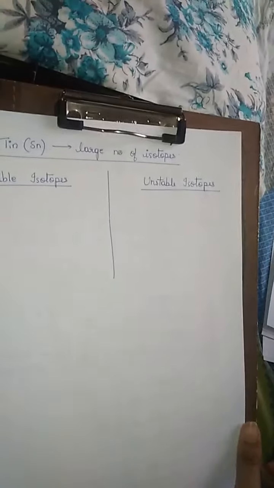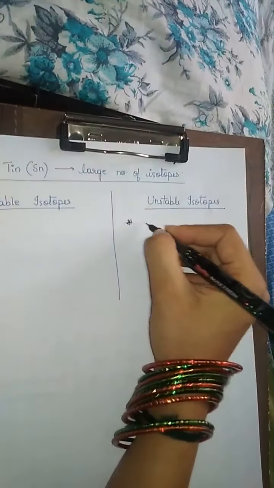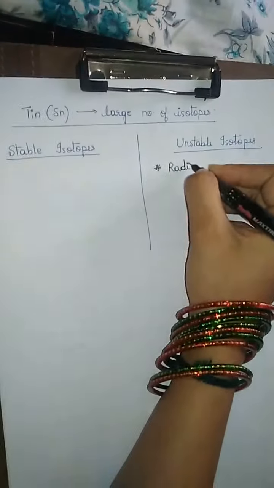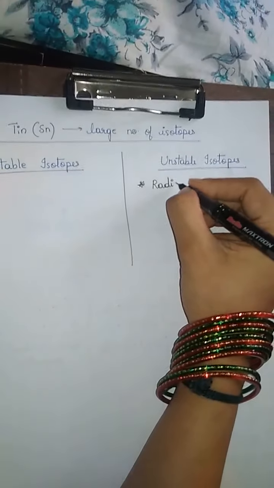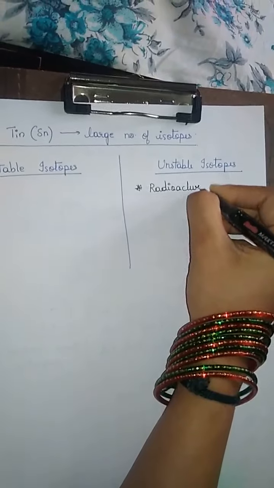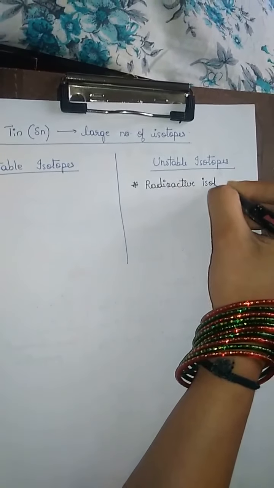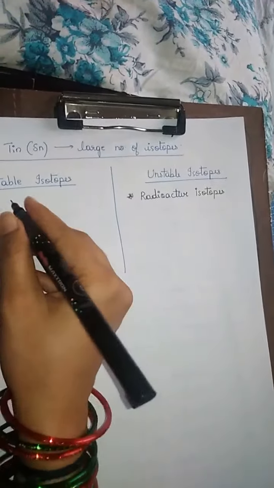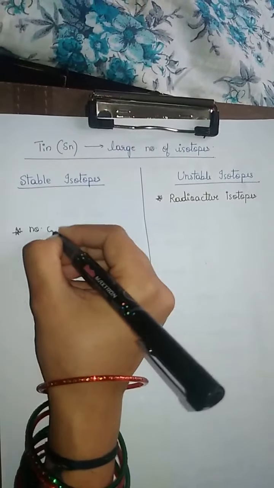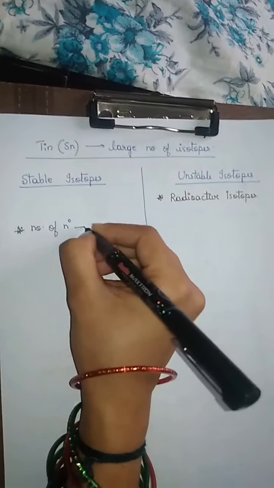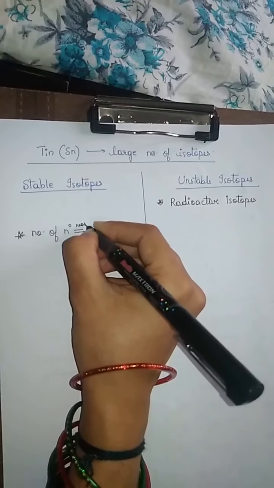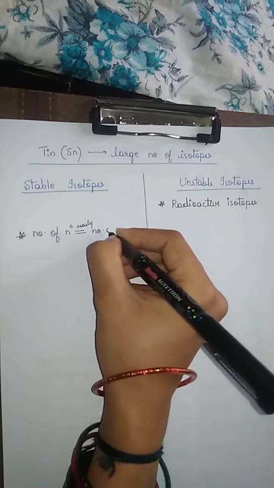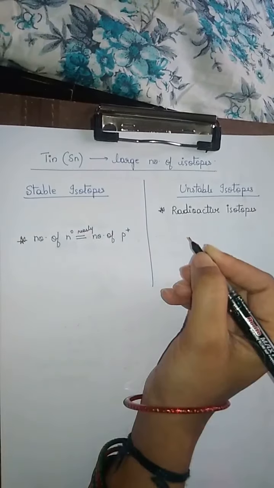Unstable isotopes are also called radioactive isotopes. The difference is, in stable isotopes, the number of neutrons is nearly equal to the number of protons.